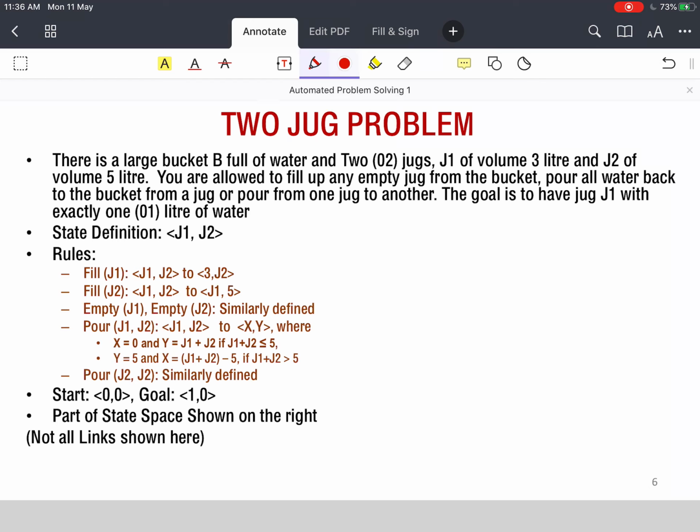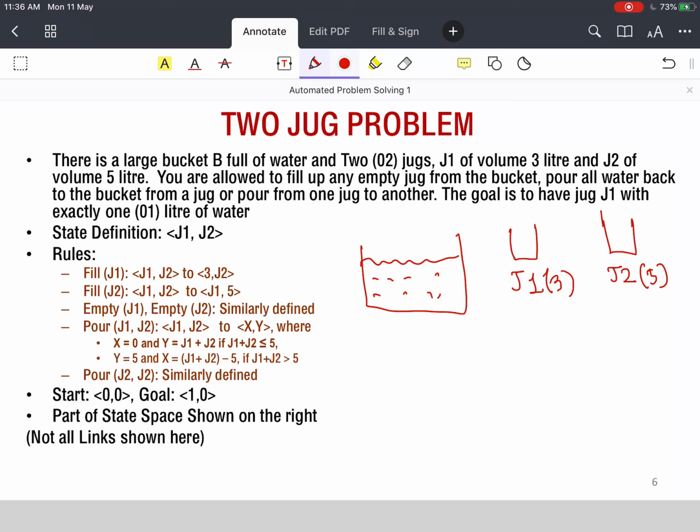This toy problem says that there is a bucket full of water and there is an infinite supply of water in this bucket. There are 2 jugs, J1 of volume 3 liters and J2 of volume 5 liters. So J2 is a bigger jug and J1 is a smaller jug. And all the things that we can do are, we can fill a jug, we can empty a jug.